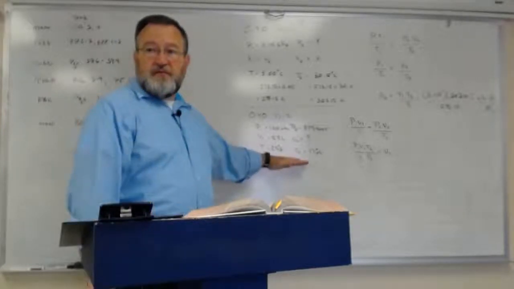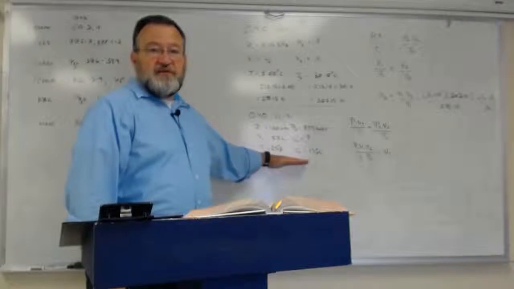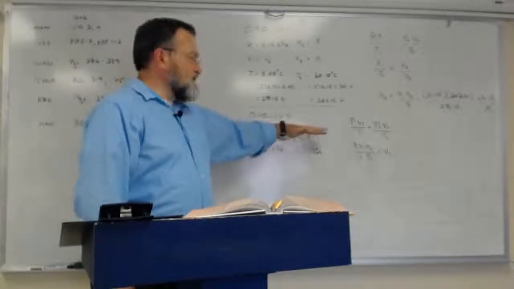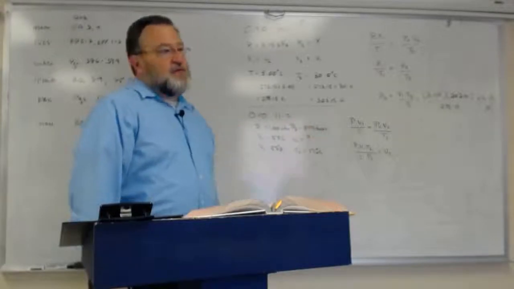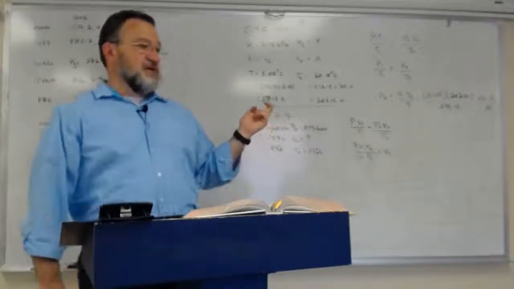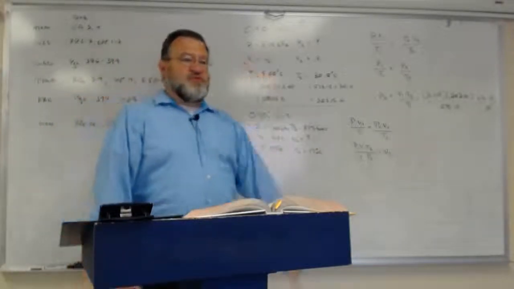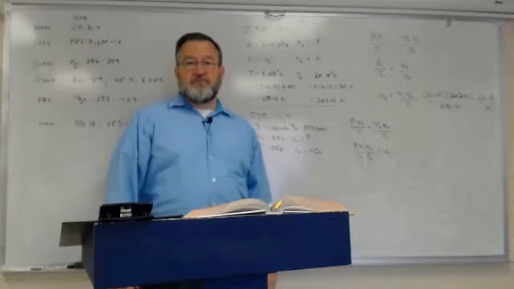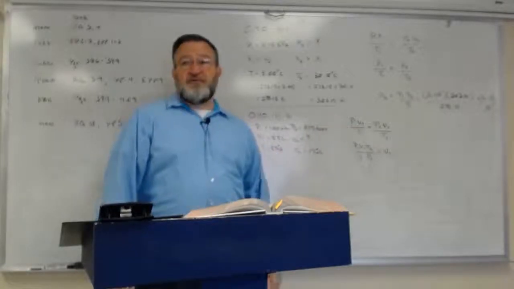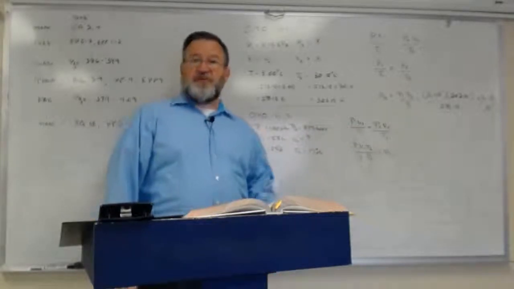What's the other thing? Pressures are in different units, right? So we need to get them in the same units. How can we do that? Well, they make this easy for you. They say it's 1 atmosphere, right? What is 1 atmosphere in torr? 1 atmosphere in torr is the same number as millimeters of mercury, 760.